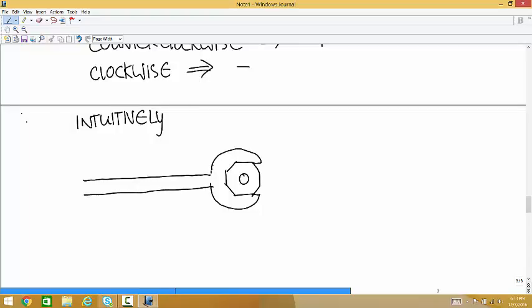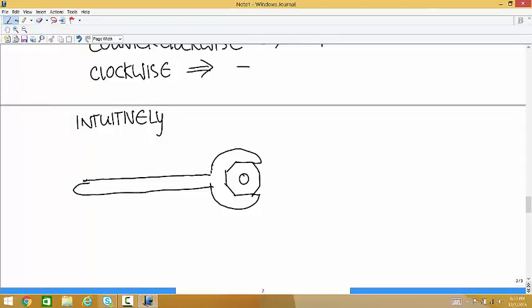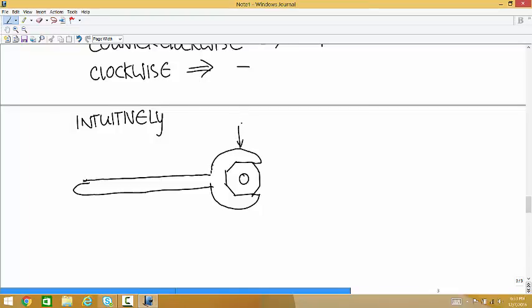Say that you have the capacity to apply 100 newtons of force. Where would you try to apply that force? Would you try to apply it here? Or here? Or here?